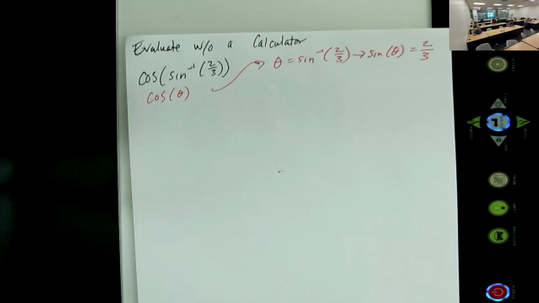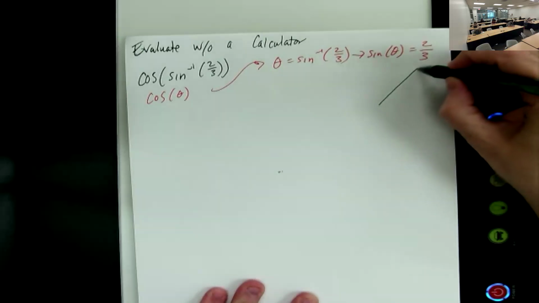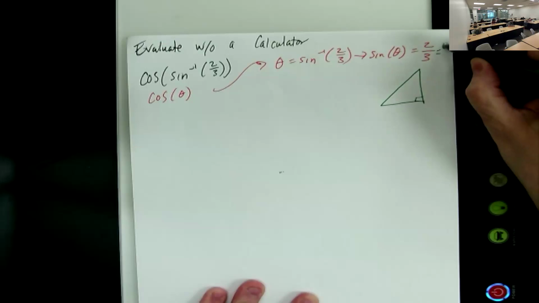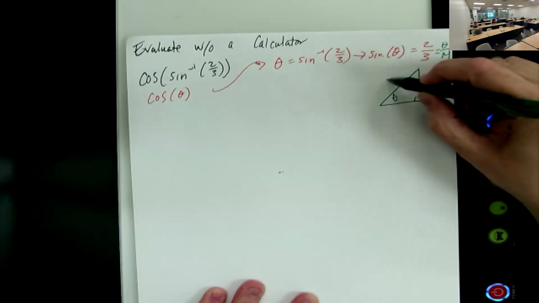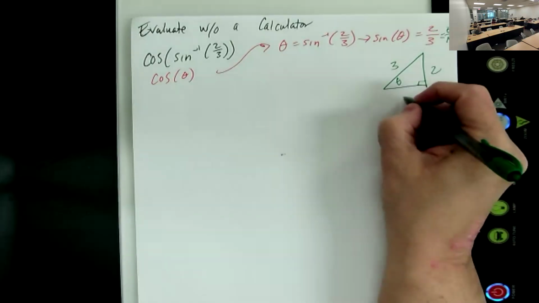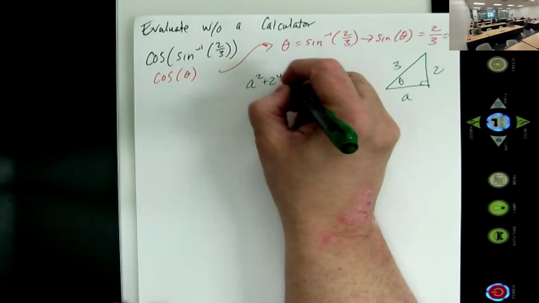Sine inverse goes from -pi/2 to pi/2. Sine's positive in quadrant 1, so we will make a triangle in quadrant 1, using opposite over hypotenuse. 2, 3 there. Call that A. So A squared plus 2 squared equals 3 squared.